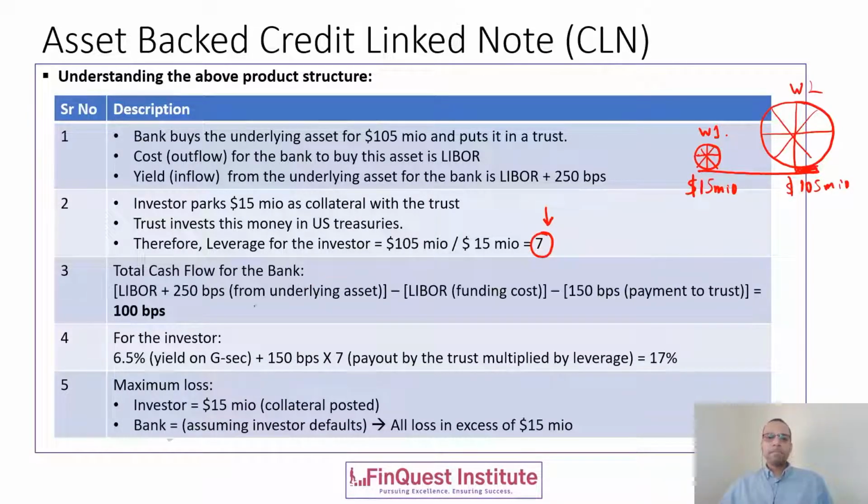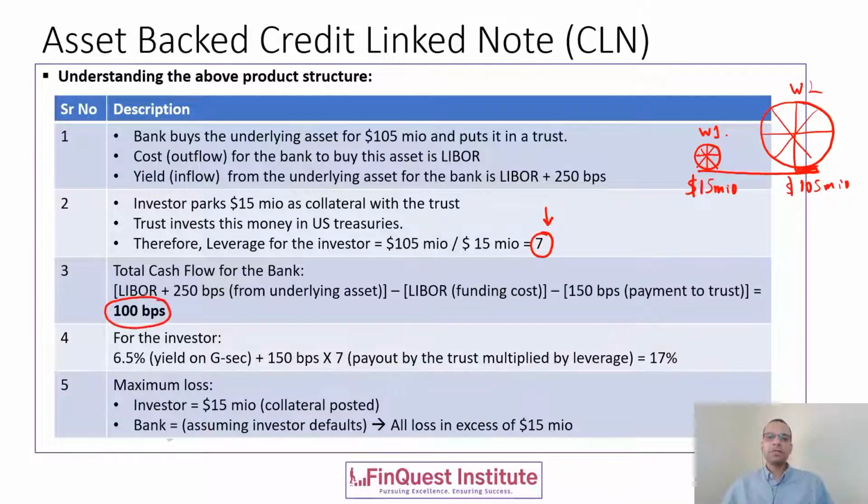So for a bank, the inflows will be LIBOR plus 250 basis points, which we expect from the underlying loan pool. Next would be the funding cost, which has to be deducted. So the funding is happening at LIBOR, so we deduct LIBOR from this. And next is a payment which we have to make to the trust, which is 150 basis points. So by solving this simple equation, we come out to a value of 100 basis points.